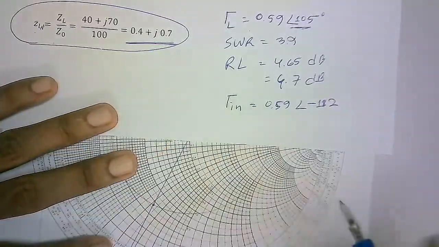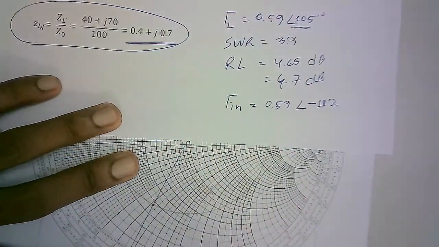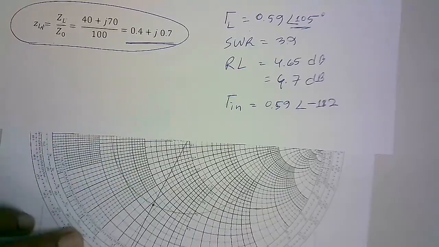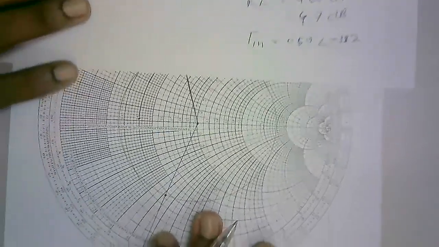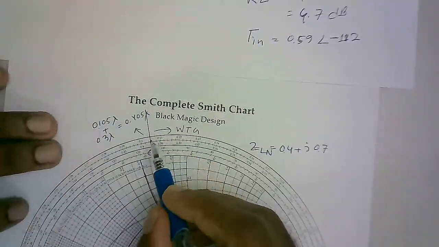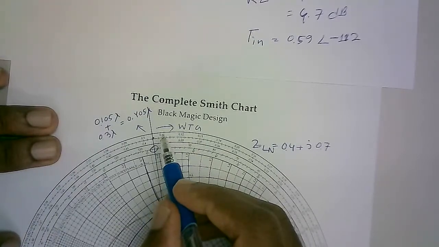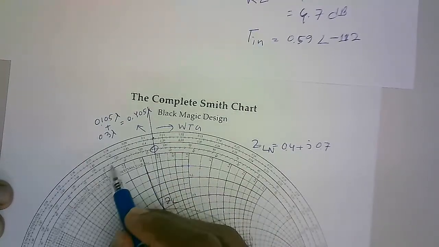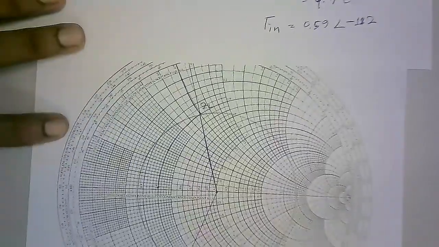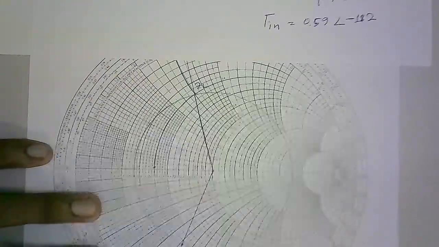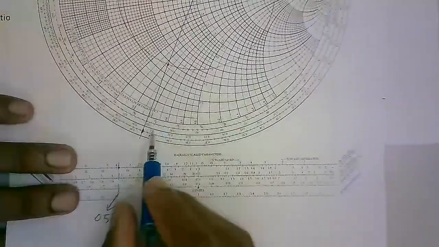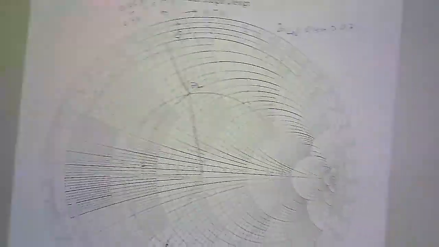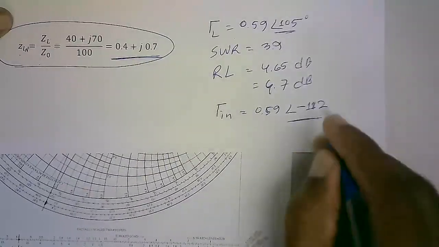So do it like this: whatever you get here, you put it here, because the up is towards the generator and the bottom is towards the load. So don't get confused on these two values, because when you go towards the generator, you take the up one, and the bottom one is towards the load. So here it's minus 11, here is minus 112. So the result is minus 112 here.